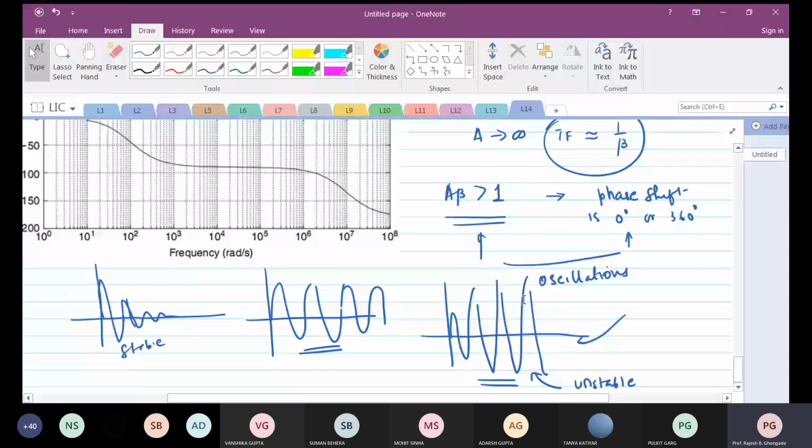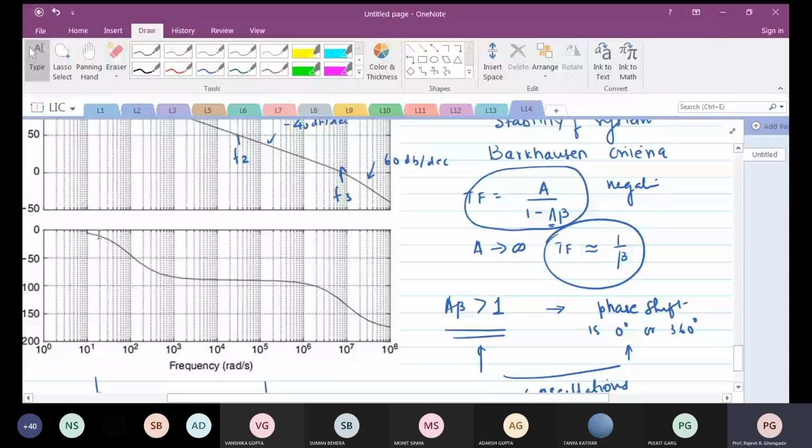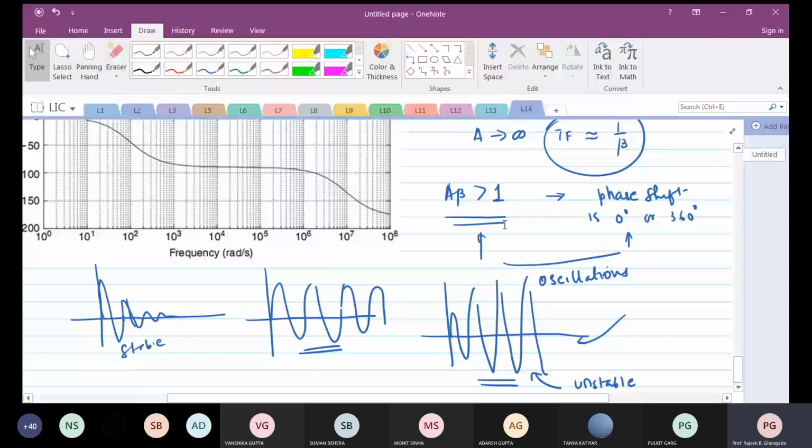Here in this case we see that the transfer function has 3 poles. You will immediately see that at the pole frequencies, the phase response also changes. Obviously, that is the reason why you call it a pole frequency. It is quite important that whenever there is such a change, if at that particular frequency this Barkhausen criteria is satisfied, your system will become unstable.